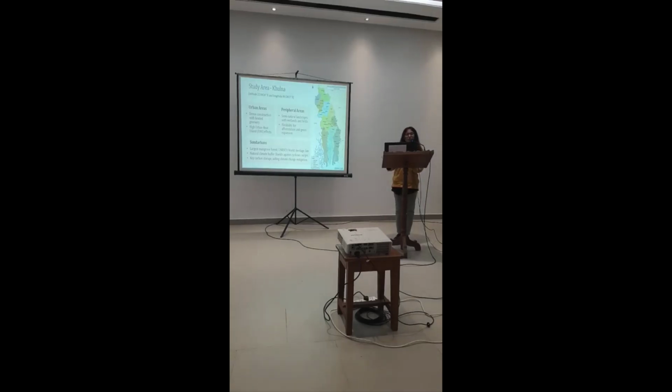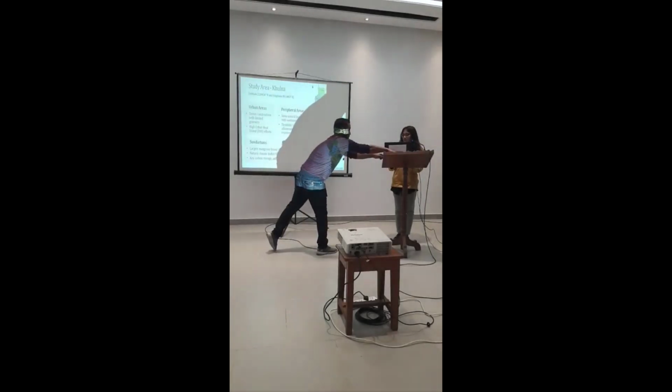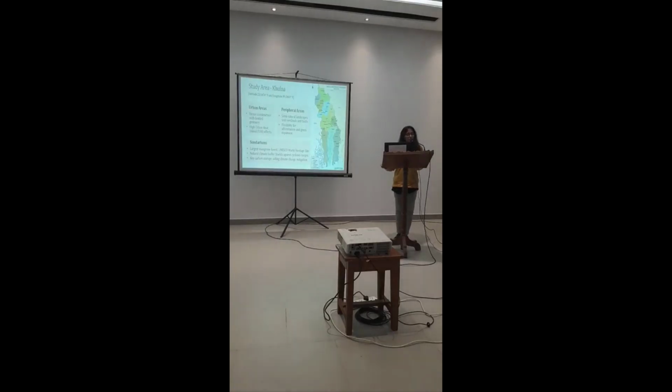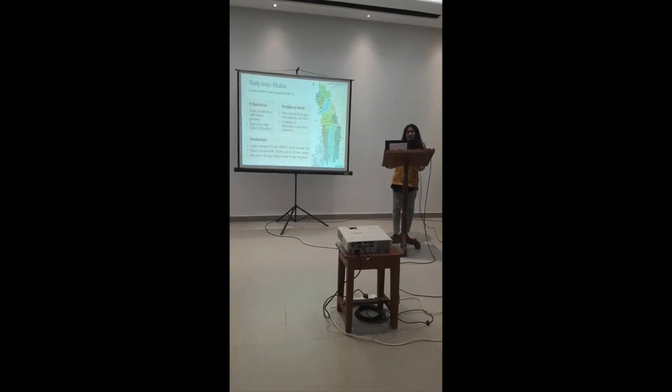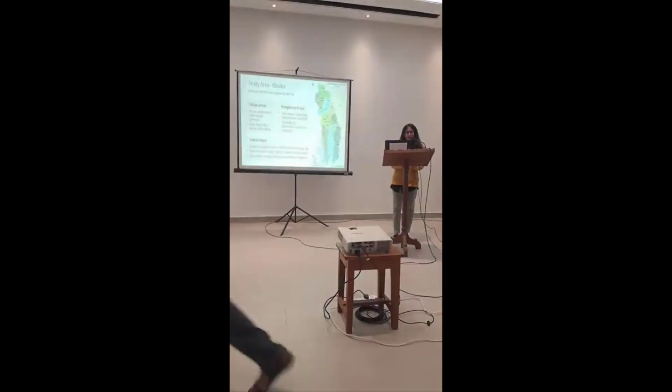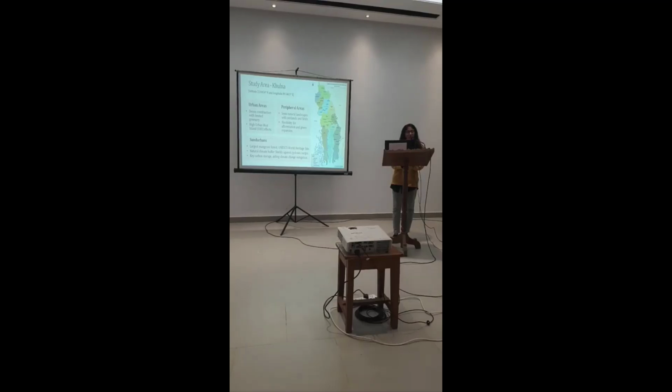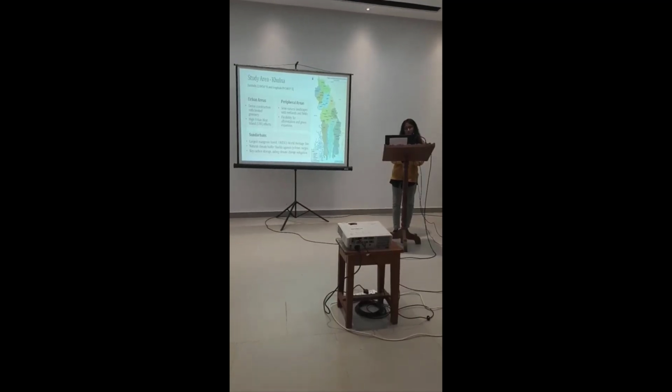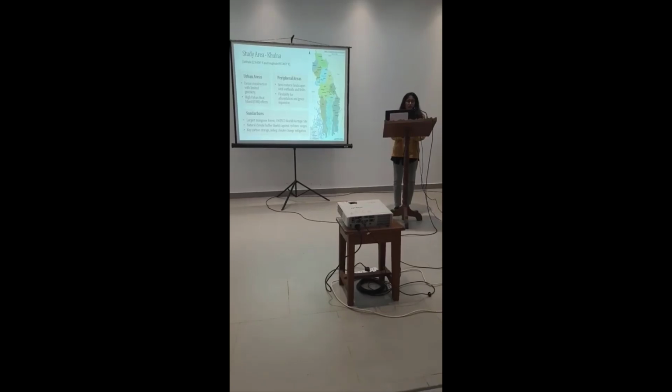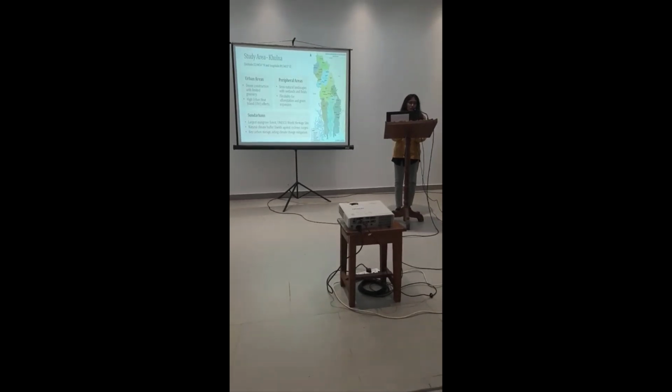So to focus on the study area, Khulna is situated in the southwest part of Bangladesh, near the coastal area and the Sundarban, the mangrove forest that is declared a UNESCO World Heritage Site. This actually works as a buffer system for carbon storage.